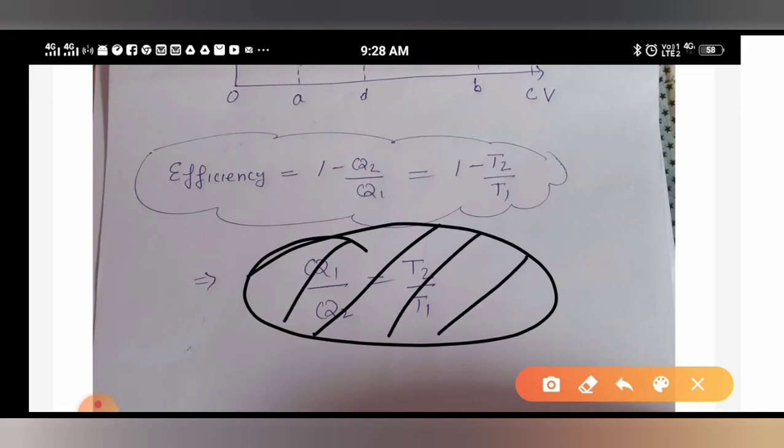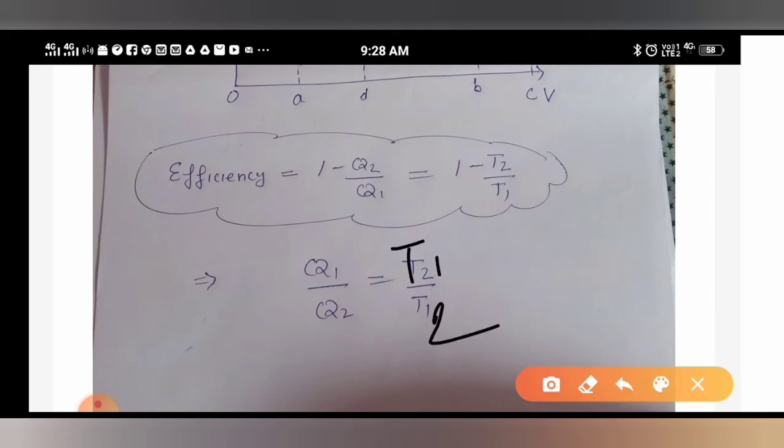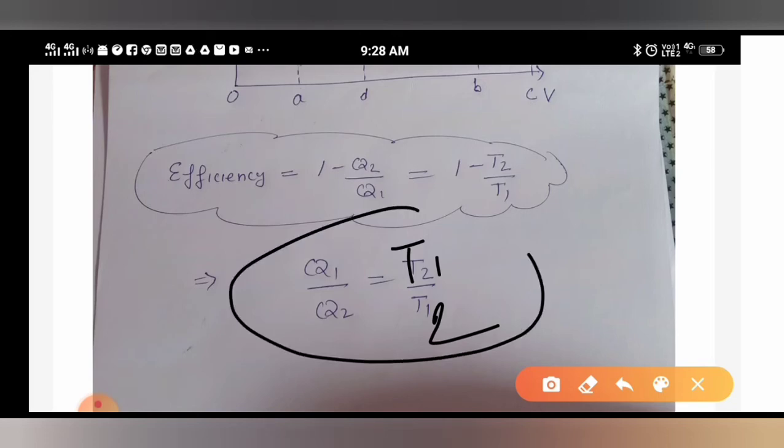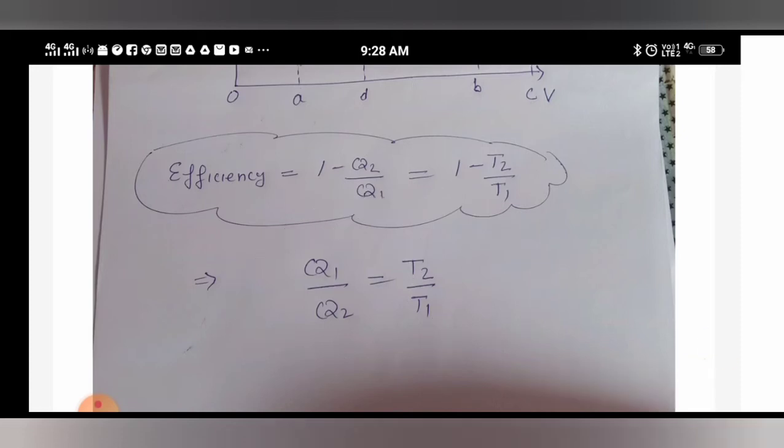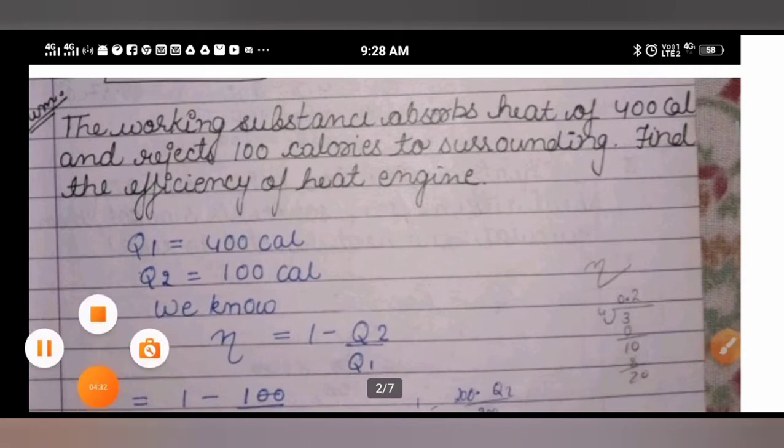The earlier one was a little wrong, so you need to correct it: Q1 upon Q2 equals T1 upon T2. This is the formula for numericals. So let us start our numericals.